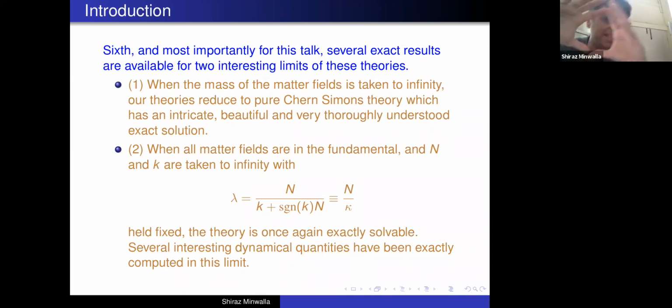And in these 2 limits, the theories don't completely trivialize. One limit is the limit in which the masses of all matter fields is taken to infinity. In this limit, the theory reduces to pure Chern-Simons theory, which is sort of a caricature of quantum field theory. It's a topological quantum field theory, but still sort of interesting. And this was an exactly solvable theory, which was solved by Witten almost 30 years ago.